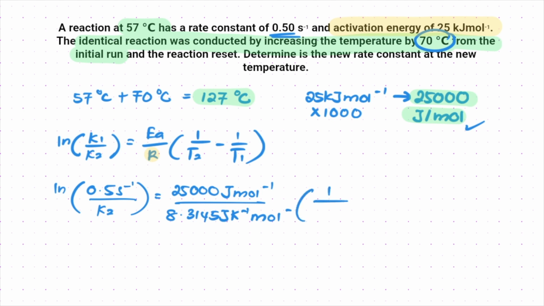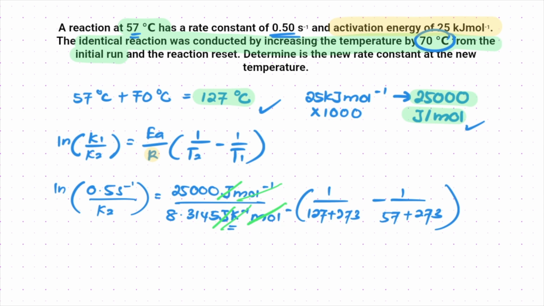The second temperature is this one, 127, because here it is in Kelvin, plus 273, minus the initial temperature, which is 57 plus 273. Alright, so from here we can see that this is joule. You can slash this out, and then mole also you can do so, and here it shall be in Kelvin, so it's going to slash through over here as well.